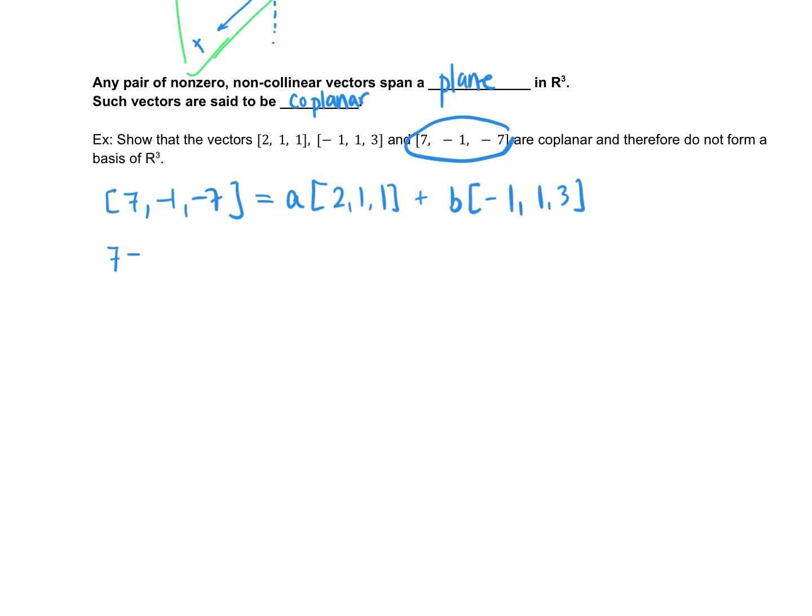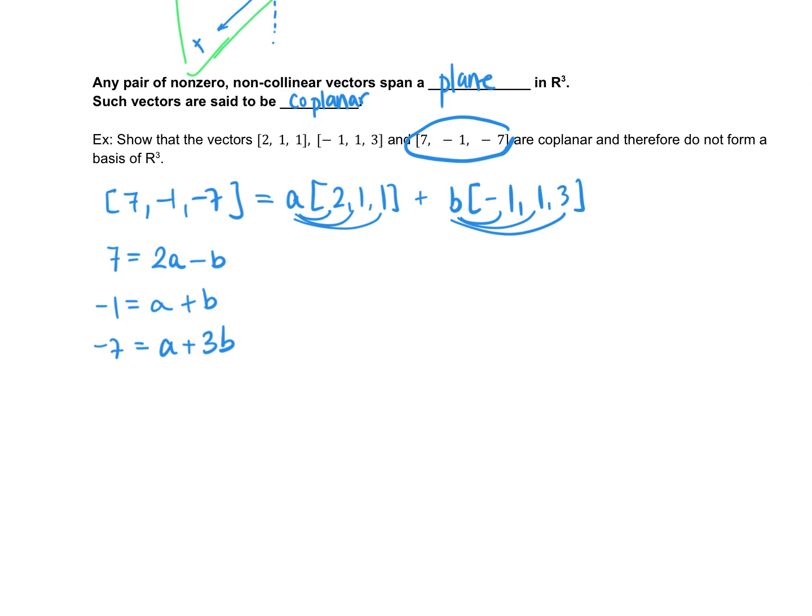So we have 7 equals 2a minus b. And then for the y component, -1 equals a times 1 plus b times 1. And then -7 for the z component equals a times 1 plus 3 times b. Now, I really only need two equations to solve a linear system.